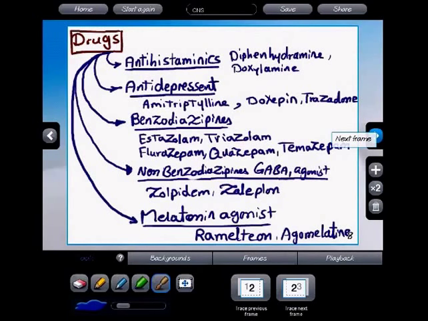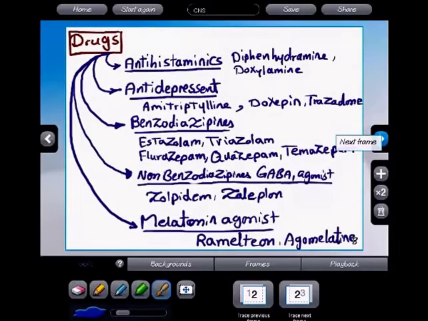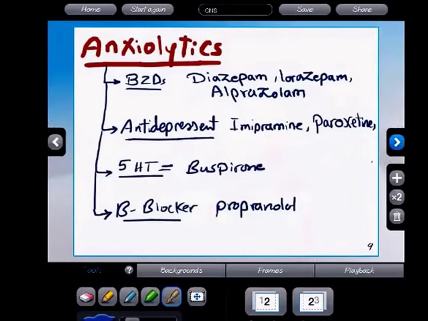If you have a problem with this, we can use melatonin agonists that help shift the circadian cycle to normal, not abnormal.